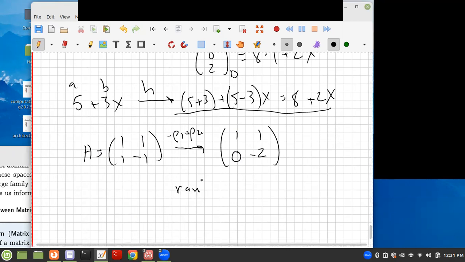So we can see the rank equals 2, right? But since the rank plus the nullity has to equal 2, the dimension of the domain, the nullity equals 0. So this map is onto and 1 to 1.